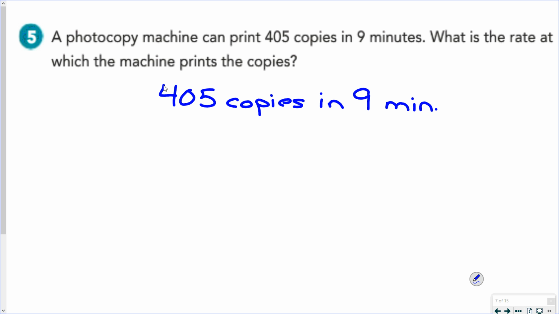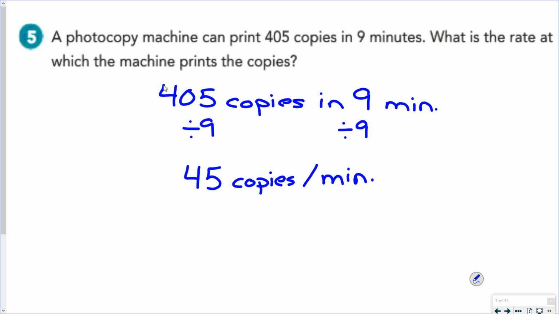So this time we're going to take the 9 minutes down to 1 minute. So we divide that by 9, similar to what we did in the previous question, which means we also have to take 405 and divide it by 9. So we get a rate of 45 copies per minute.